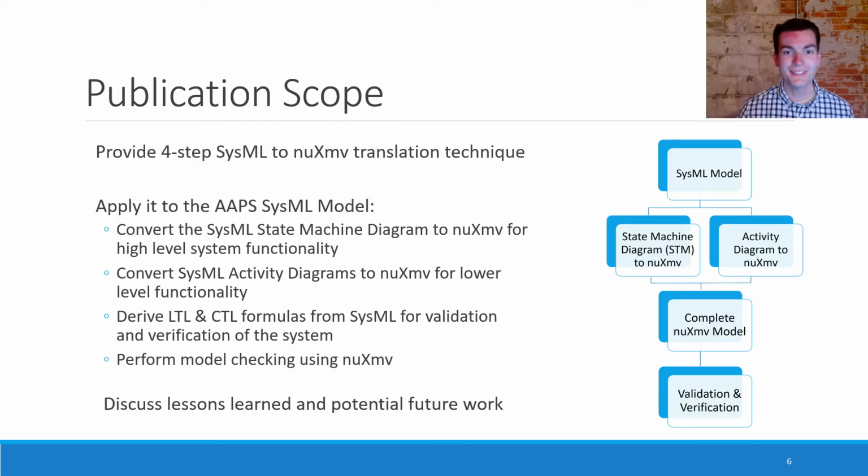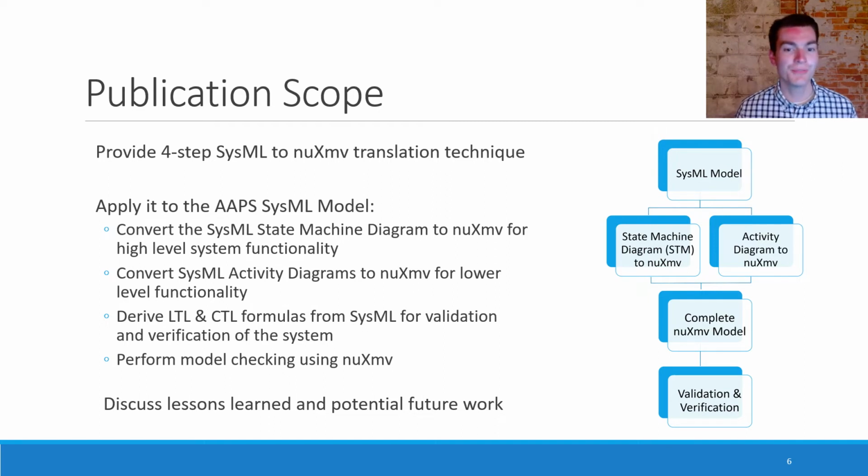In the following presentation, we will present a 4-step SysML to nuXmv translation technique, which will be applied to our safety-critical medical device known as the APS through a case study. The case study will demonstrate conversion of the SysML state machine diagram to nuXmv for high-level system functionality.